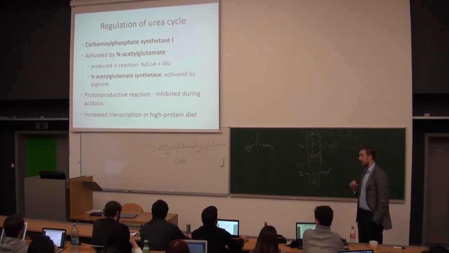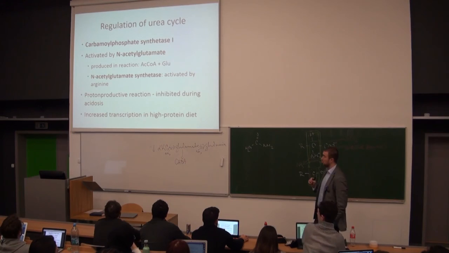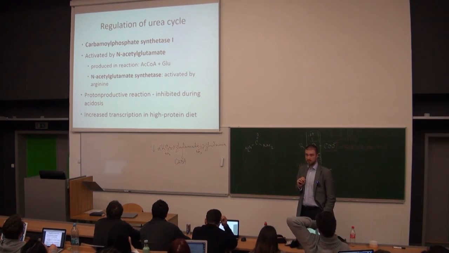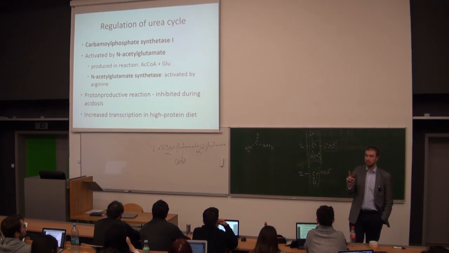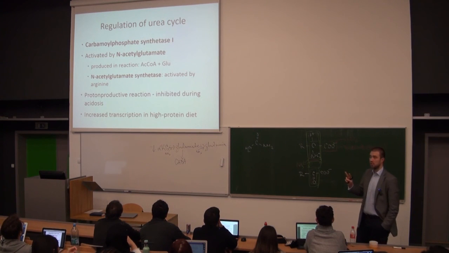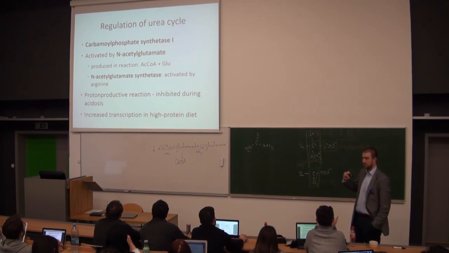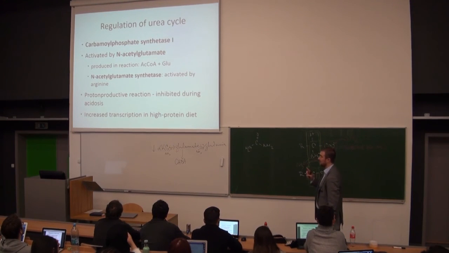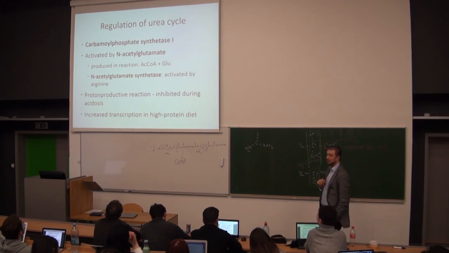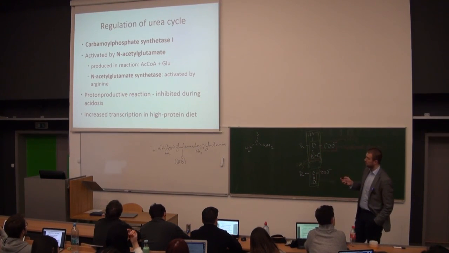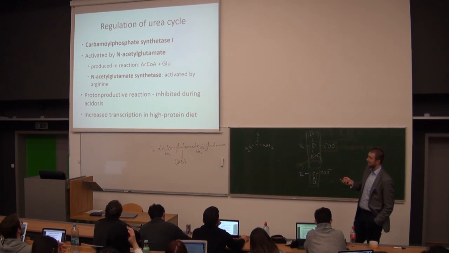The third is the direct regulation on carbamoyl phosphate synthetase. This enzyme is the first enzyme that consumes energy, and therefore it's also logical for it to be the regulatory place. This enzyme is activated by the allosteric modulator called N-acetylglutamate. That's the derivative of glutamate, if you take glutamate plus acetyl coenzyme A, and the acetyl is bound through nitrogen to the glutamate.